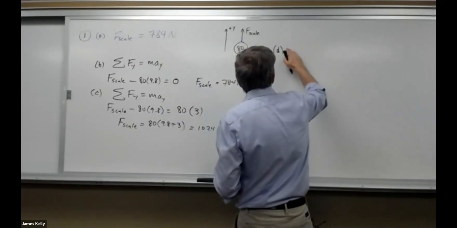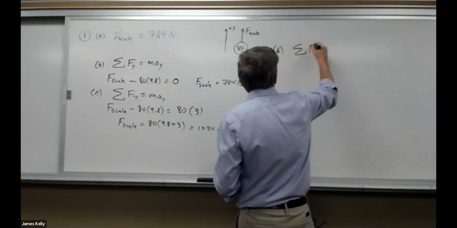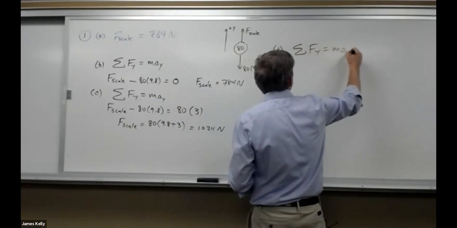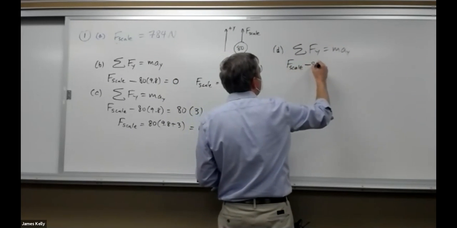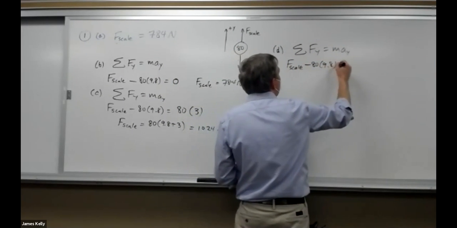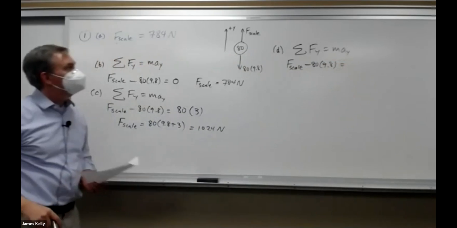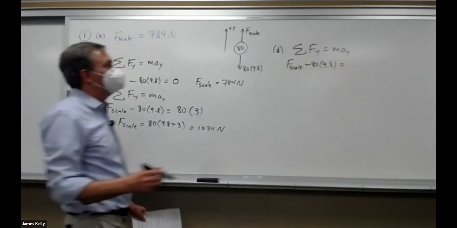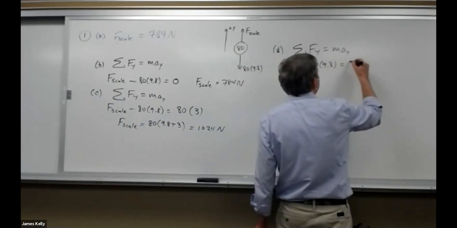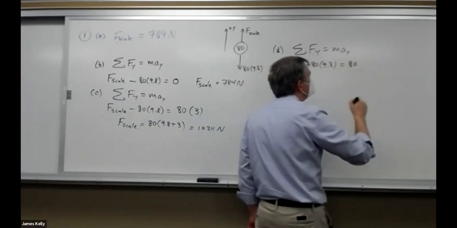So the left-hand side of the sum of the force y components equals m a_y is exactly, this is getting kind of boring, right? F scale minus 80 times 9.8. What's different about the right-hand side? What's my acceleration y component if I, along with the elevator, am in free fall?